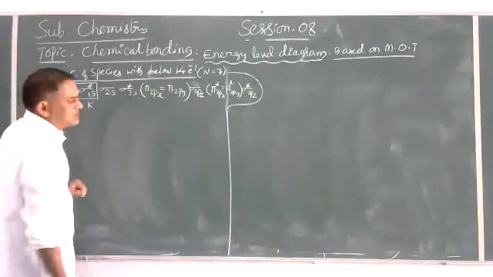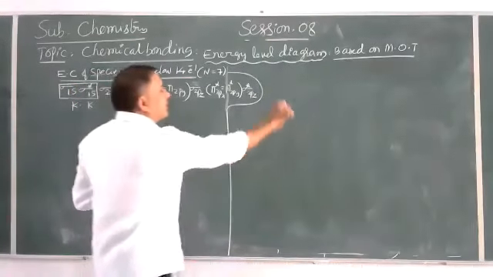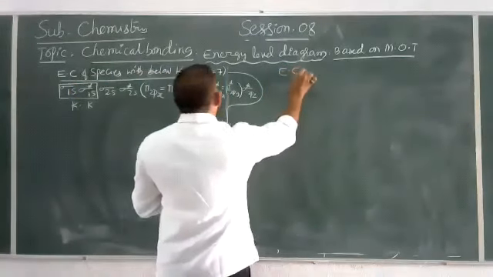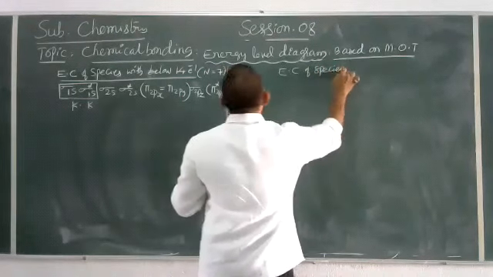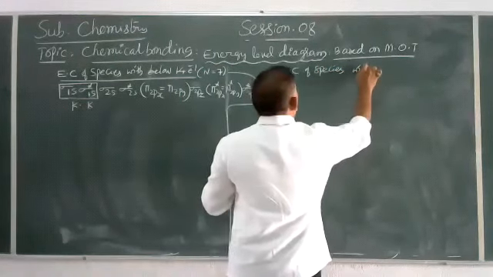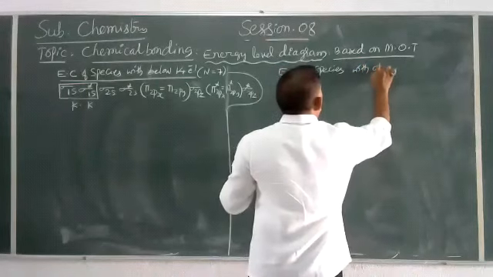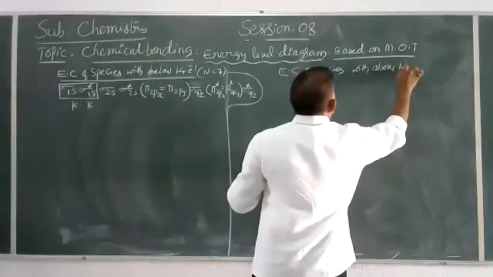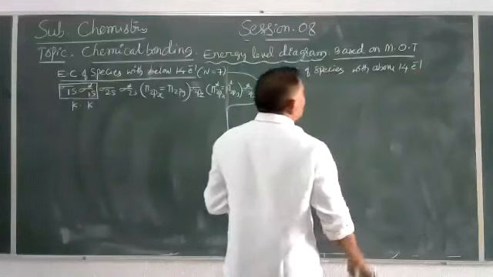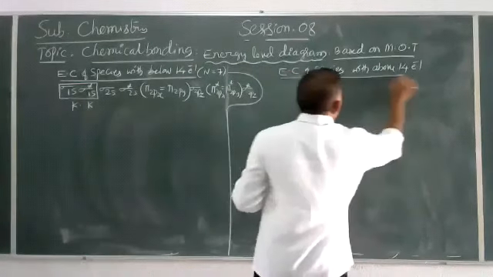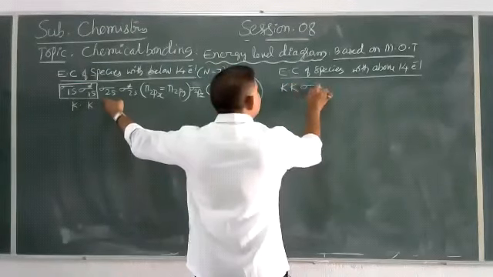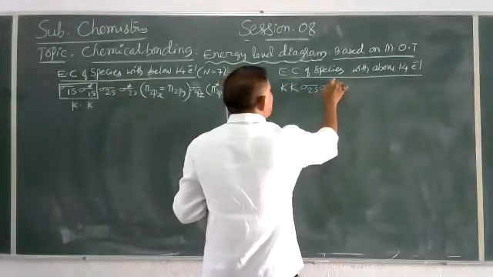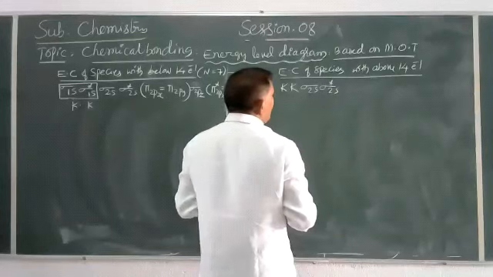Then the electronic configuration of species or molecules with above 14 electrons: KK first, same sigma 2s, sigma star 2s.